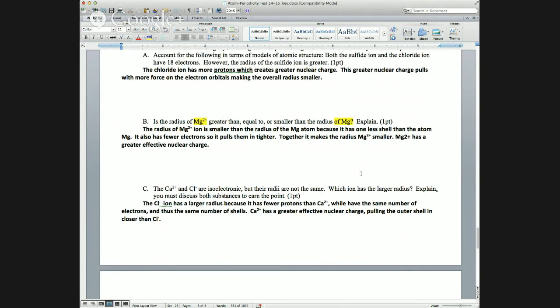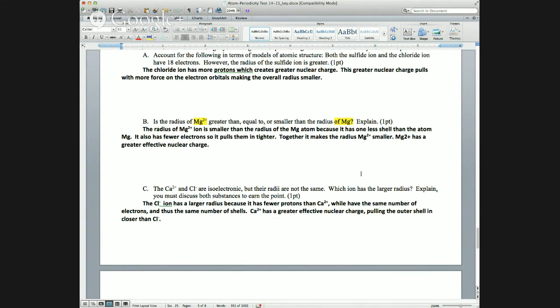You would say that isoelectronic means they have the same electron configuration, which means they have the same number of electrons. Okay, so the same number of electrons, but calcium 2+ has more protons than chloride 1-.